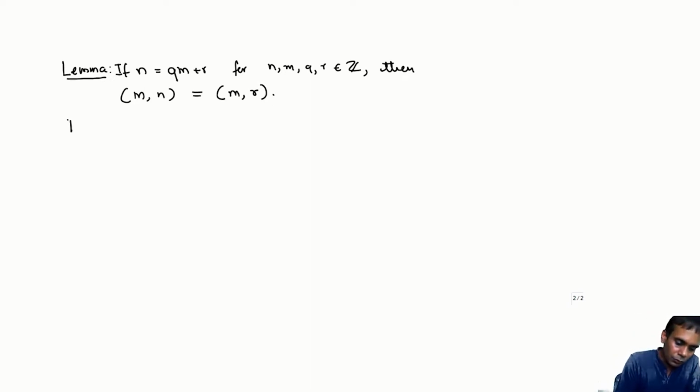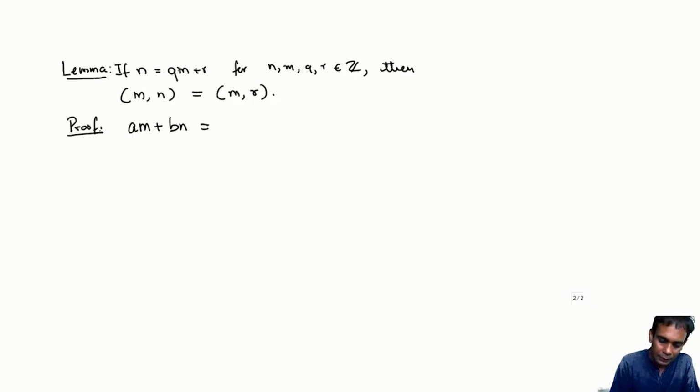Well, here's a proof. So I'll show firstly that the ideal generated by m and n is contained in the ideal generated by m and r. So typical element of the ideal generated by m and n is of the form am plus bn.